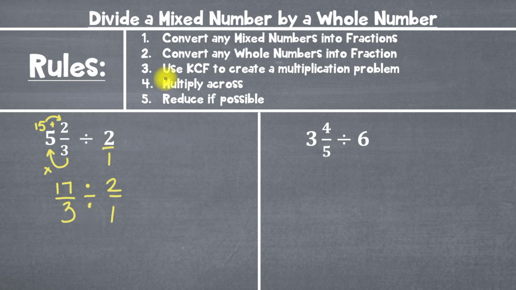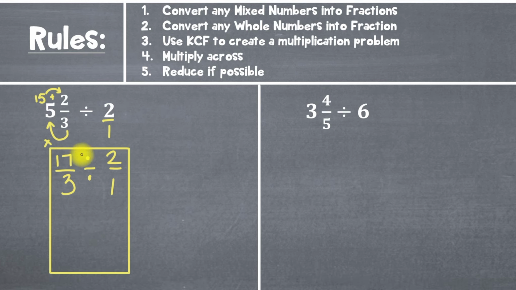Step 3 is to use KCF to create a multiplication problem. So we'll take this division of fractions problem and use KCF to turn it into a multiplication problem. So let's start by creating a KCF chart. And since I need a little bit more space, I'm going to scroll down just a little bit. Now we have our KCF chart set up.